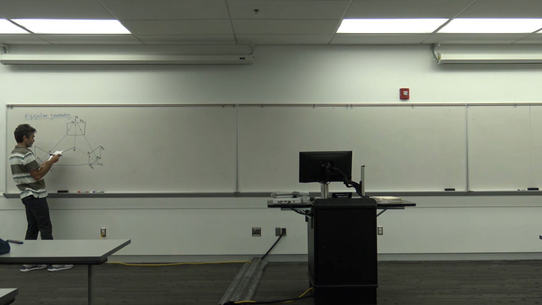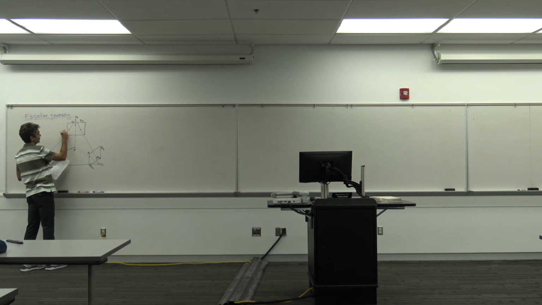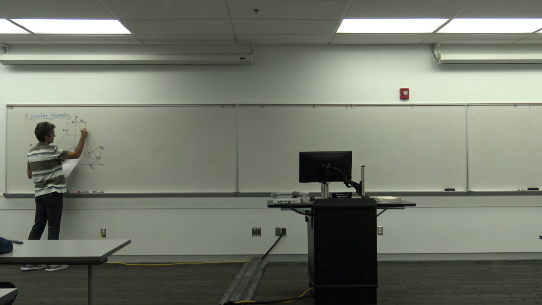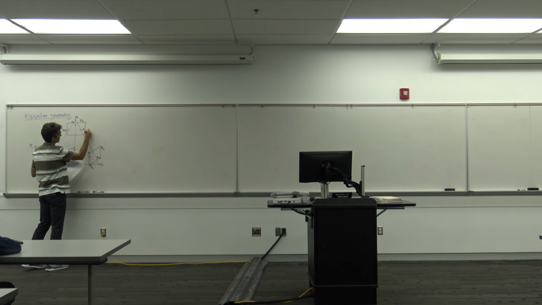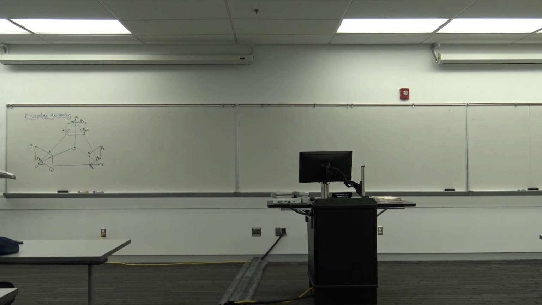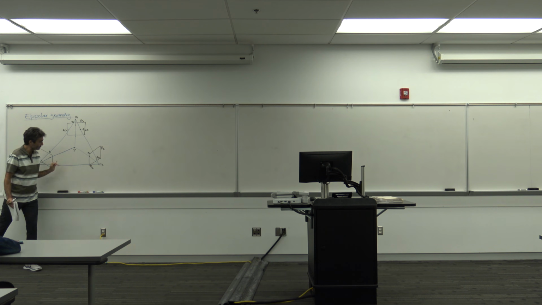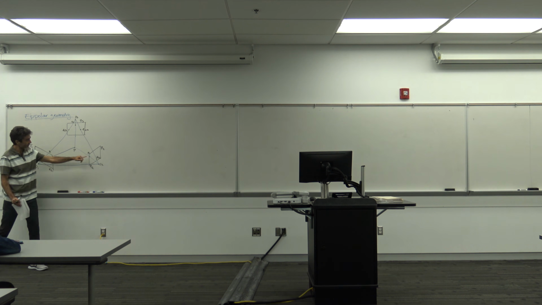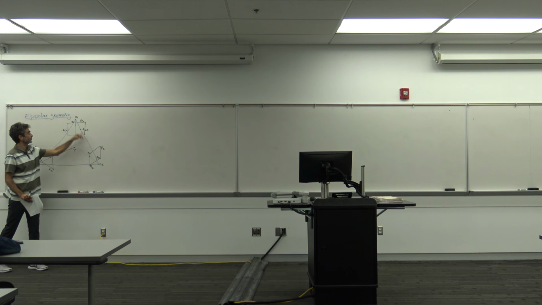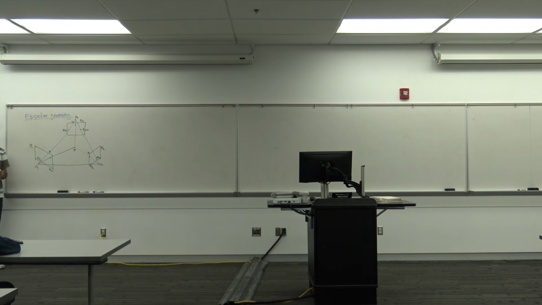And these two, I'm going to call E13 and E23. Make sense? This is the one from 2 to 1. This is the one from 1 to 2. This is the one from 3 to 2, and so on. This one is 2 to 3, and so on. See how this works?